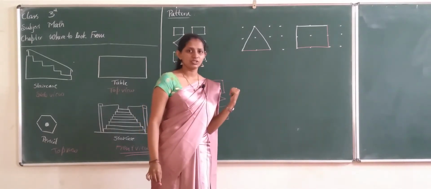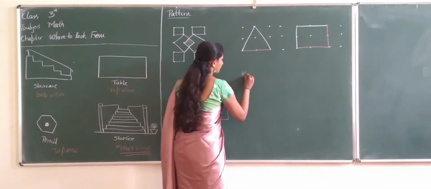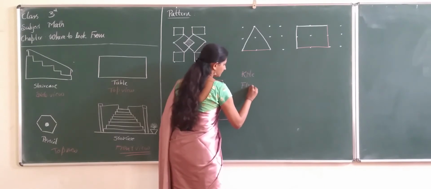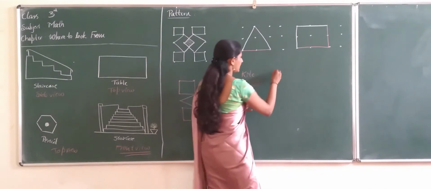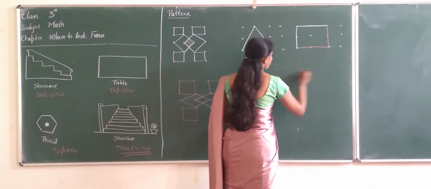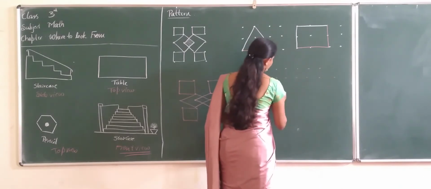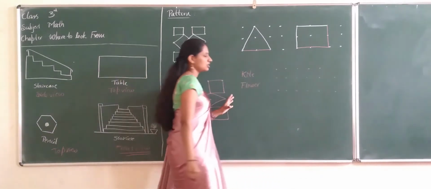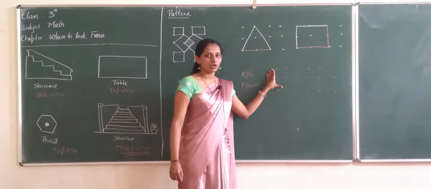Can you draw some more objects like this using dots? Can you draw a kite? Can you draw a flower? Using dots. First, on one page, you will put dots like this, okay? Take one page and make dots like this. And you have to draw a kite by joining these dots.